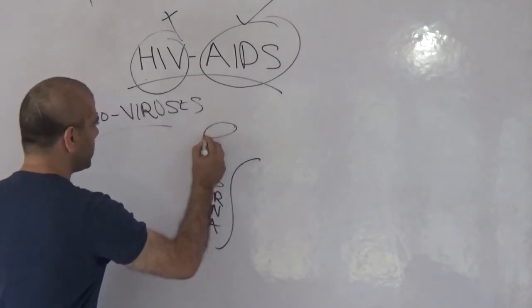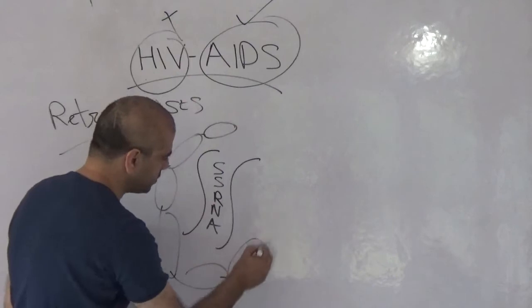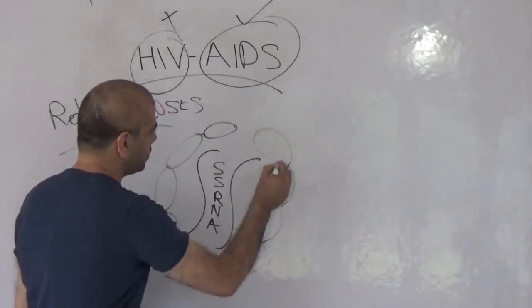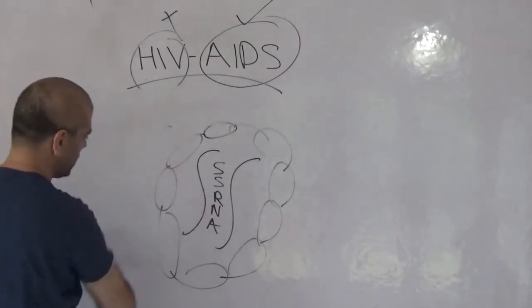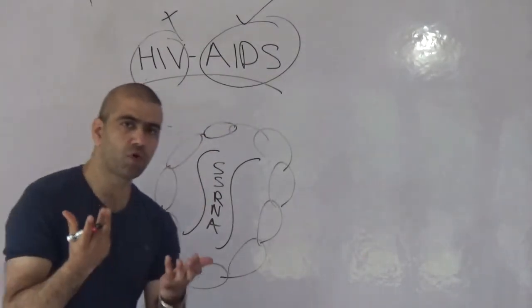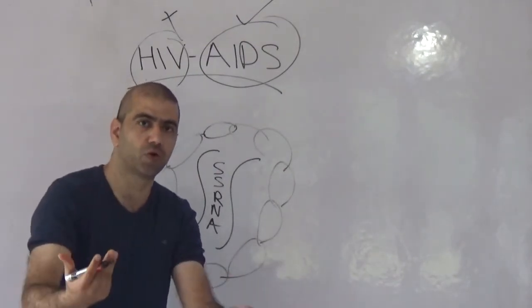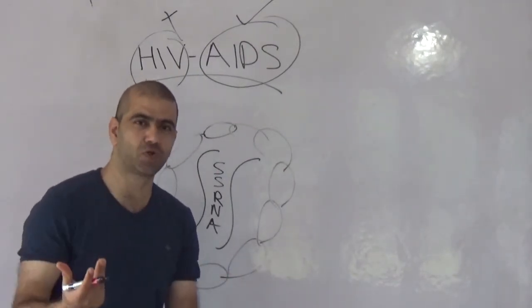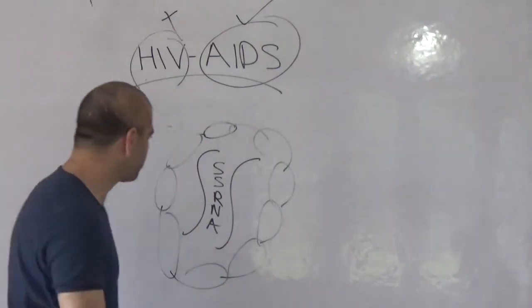And this genome is surrounded by proteins called capsids. So this makes your virion. And then it has 4 kinds of enzymes that will help it to get integrated into the host cell, because viruses do not replicate by themselves, they need a host to show their effect.